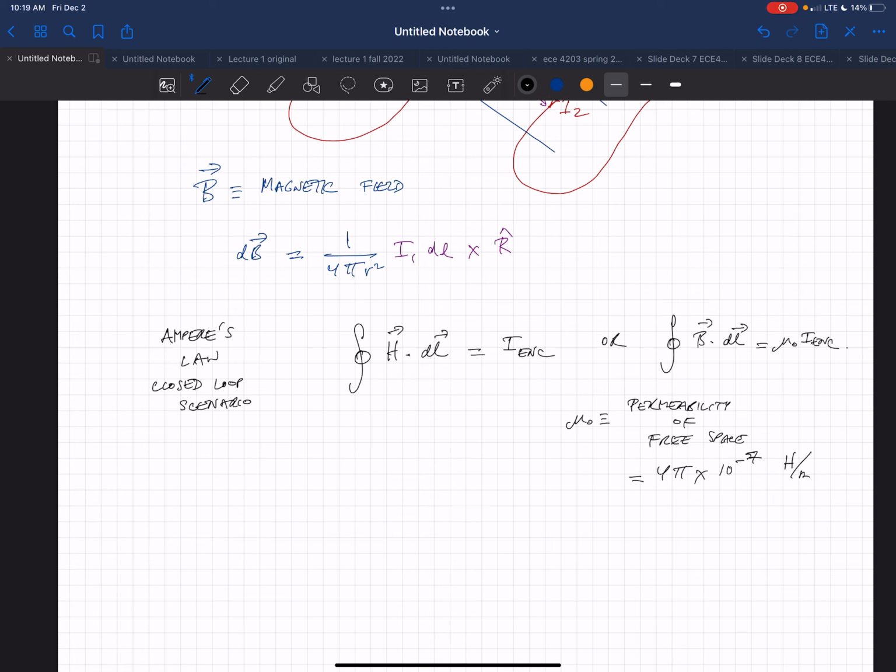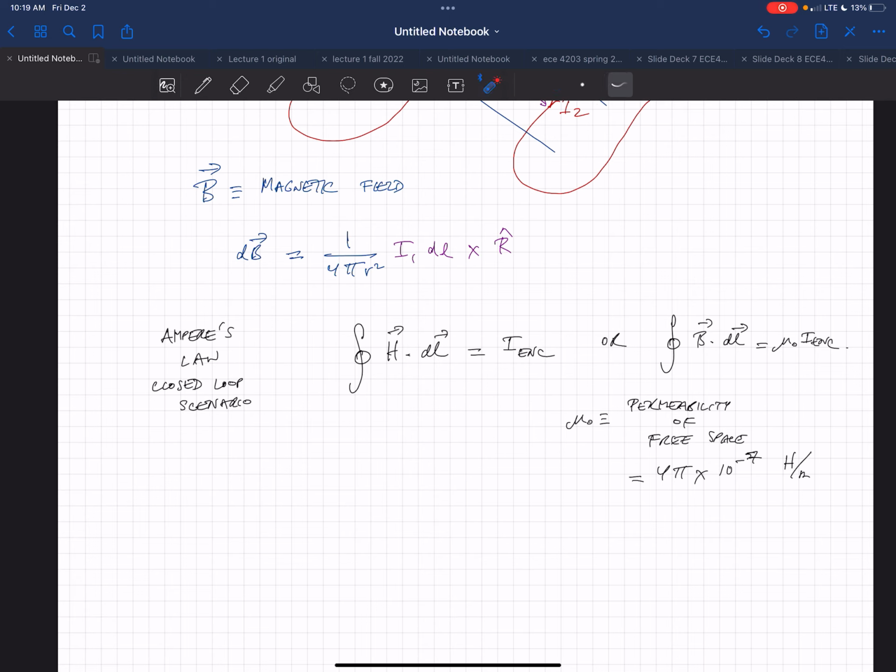By the way, this is also a hint about how these are related to electric circuits, because notice the permeability, at least in SI units. There's a bunch of units for both permittivity and permeability, but here, notice how this is given in henries per meter.